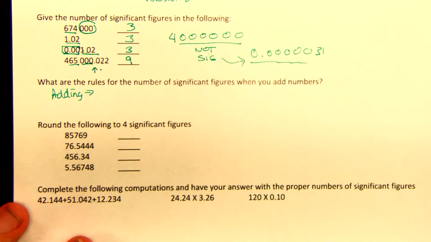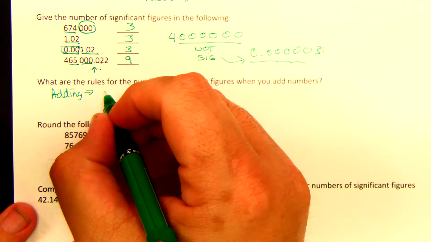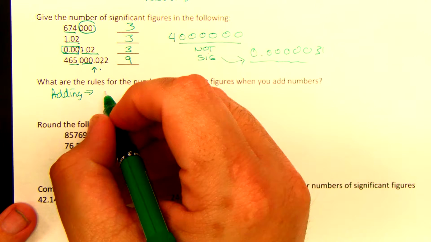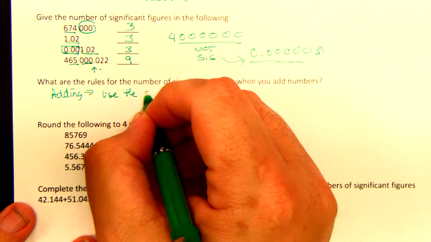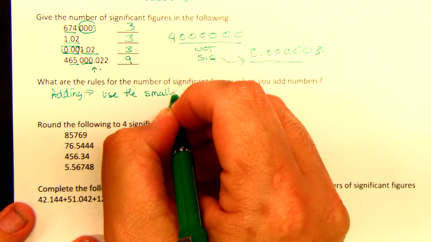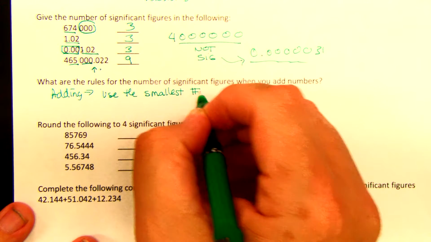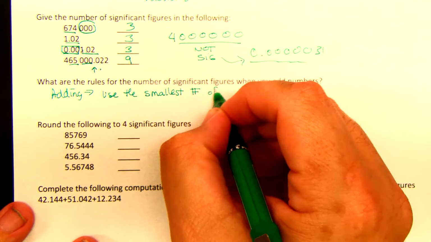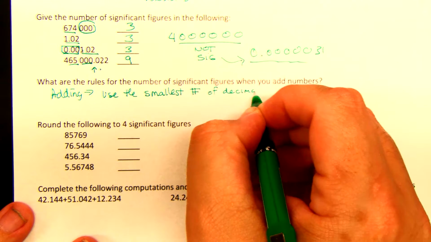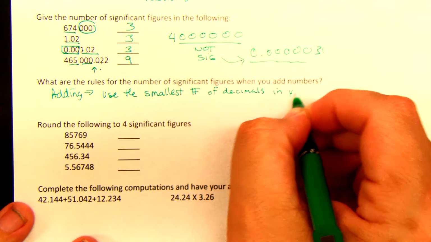Now your adding rule. Your adding rule says, what does it say? Yes. You're going to use the smallest number of decimals in your answer.